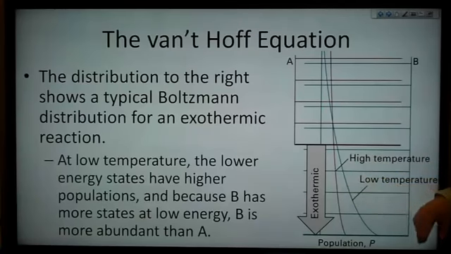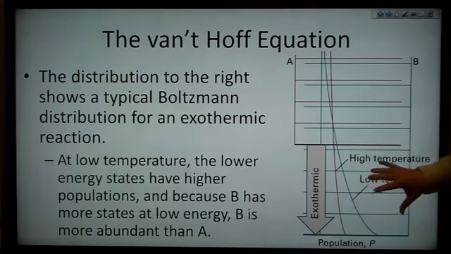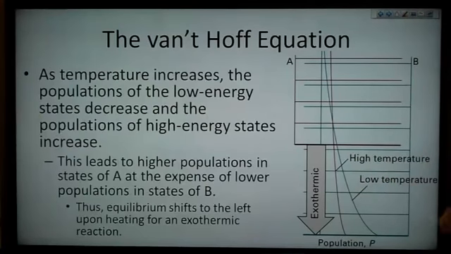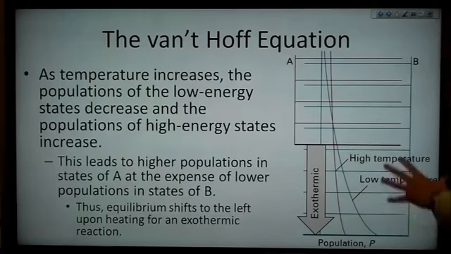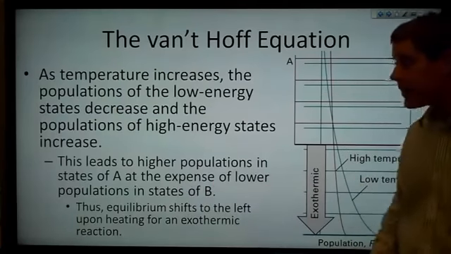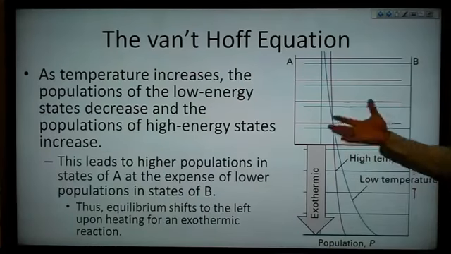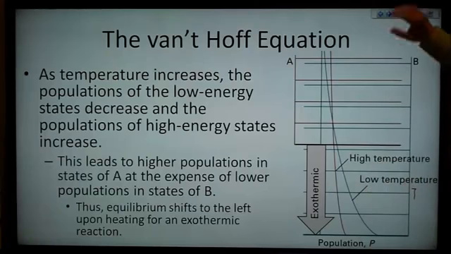So low temperature should lead to more of our product. As the temperature increases, populations of the low energy states are shifted up into some of the higher energy states. So we're losing some of our B, getting back some of our A. We're moving back to our reactant side. And this matches what we see with Le Chatelier's principle and what we predicted mathematically.